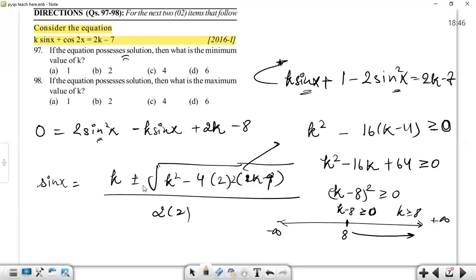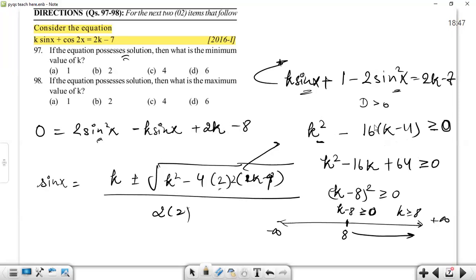Sin x is equal to minus b plus or minus square root of b square minus 4ac, where this is 2 into k minus 4. So this is k square minus 4 into 4, that is 16 into k minus 4. So k square minus 16k plus 64 is greater than or equal to 0, because a solution exists.